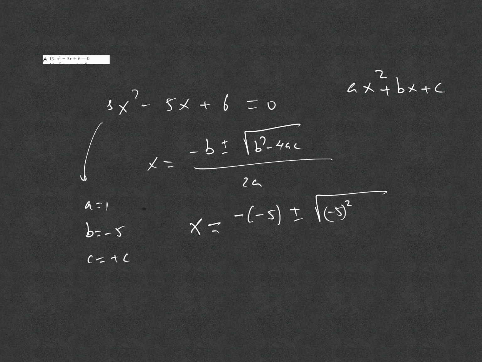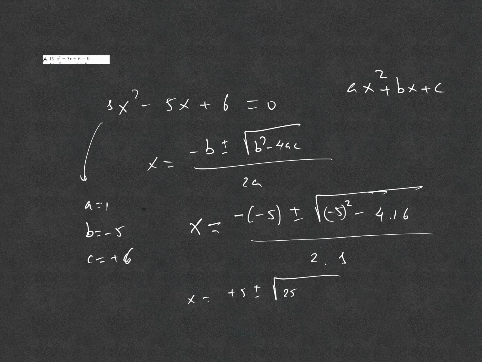Minus 5 squared is 25, it doesn't change the sign. 4ac, c is 6, 4 by 1 by 6, so it's 24. Divided by 2a, 2 by 1. So x will be plus 5 plus or minus the square root of 25 minus 24, divided by 2. So it will have two solutions.